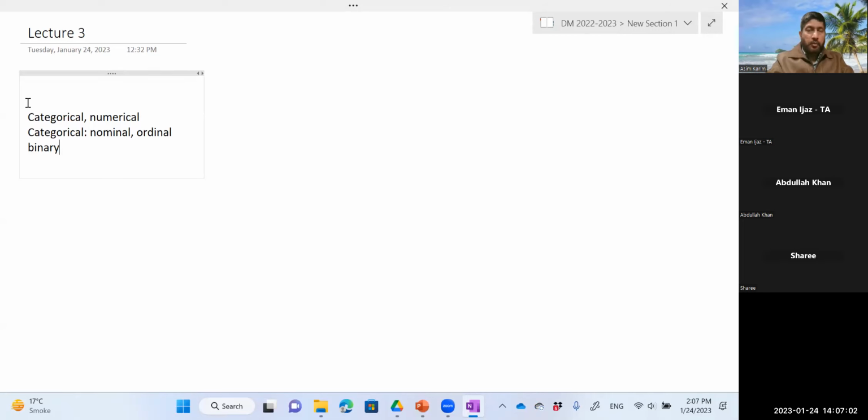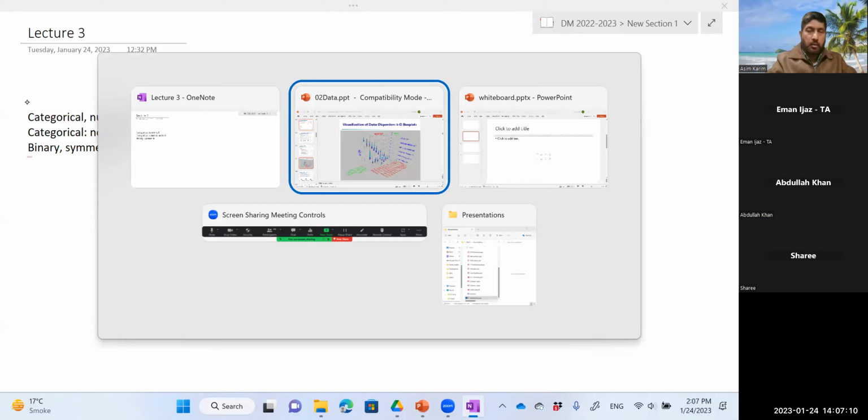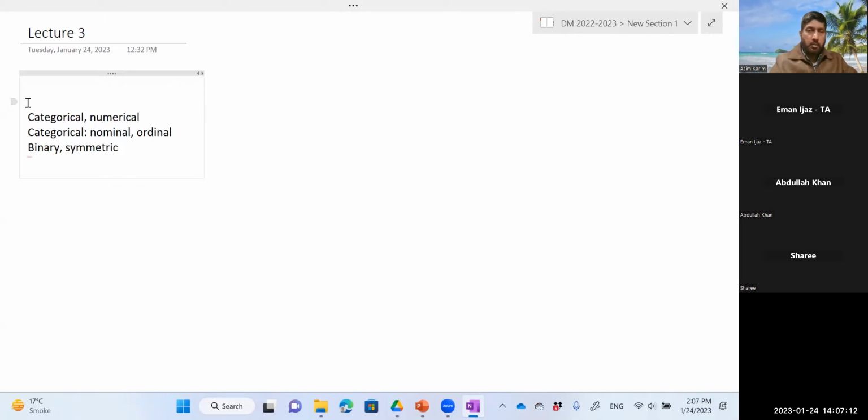Among the binary attributes, we sometimes also distinguish between symmetric and asymmetric.